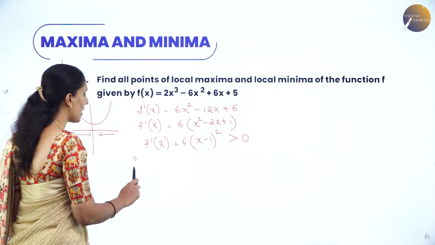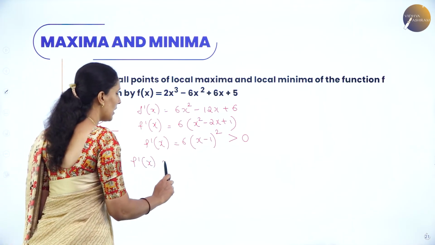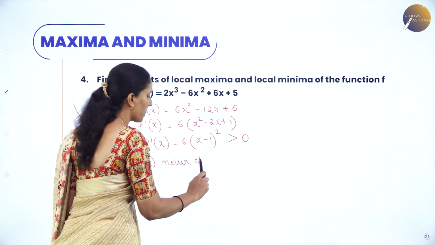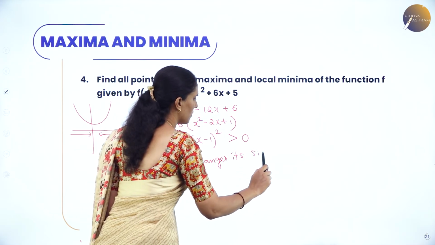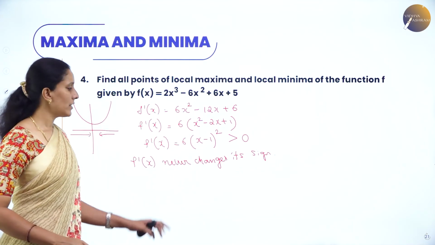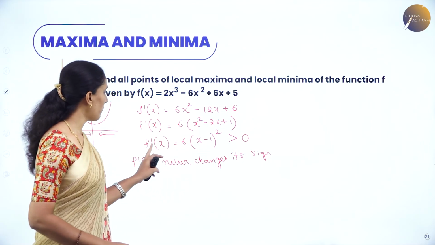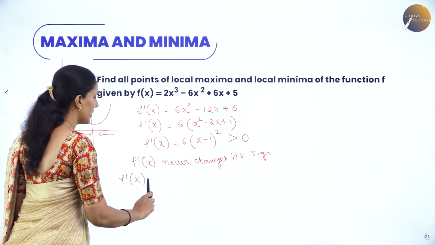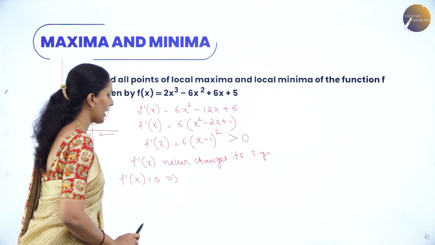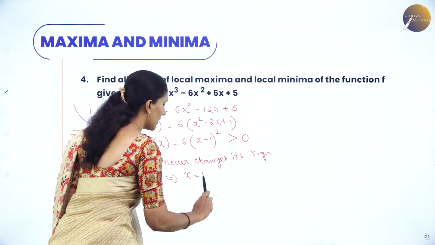That is, f dash of x never changes its sign. So if you put f dash of x equal to 0, we get x equal to 1.